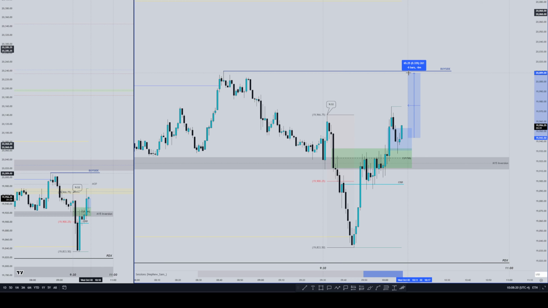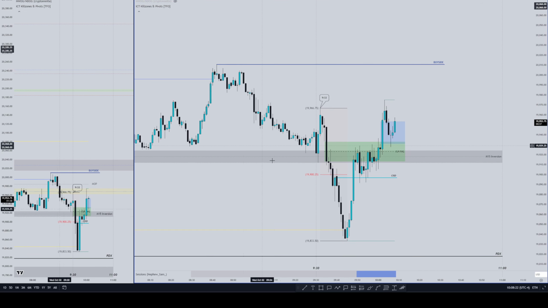So we still have 60-ish points to reach the buy side. I think this is a pretty clear market maker buy model at this point.